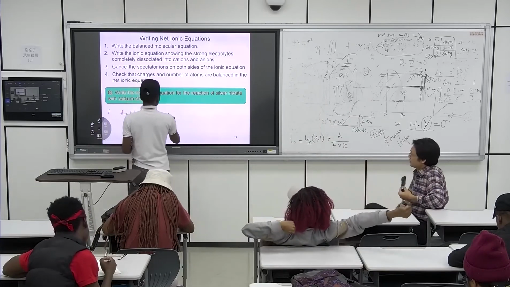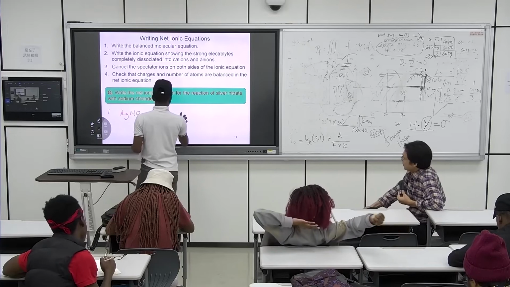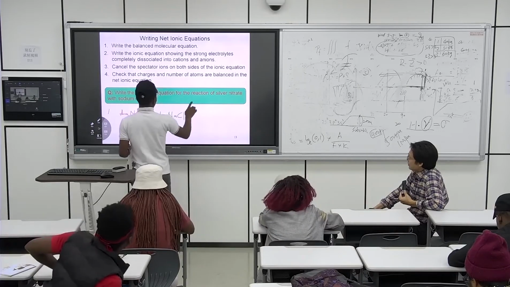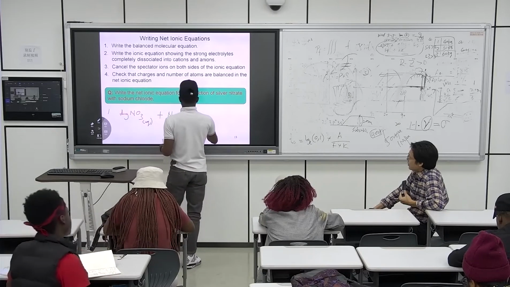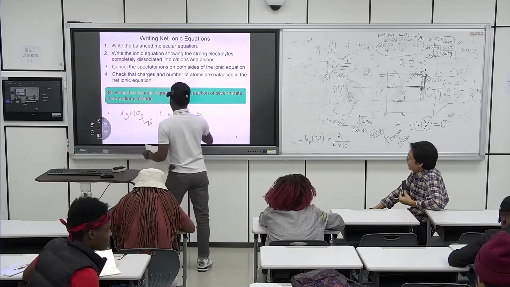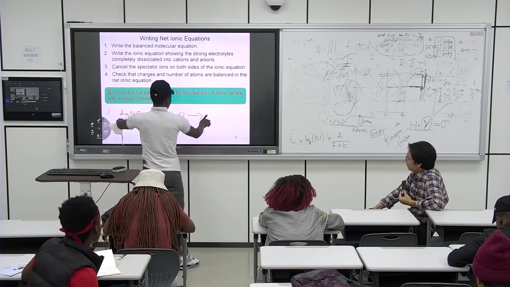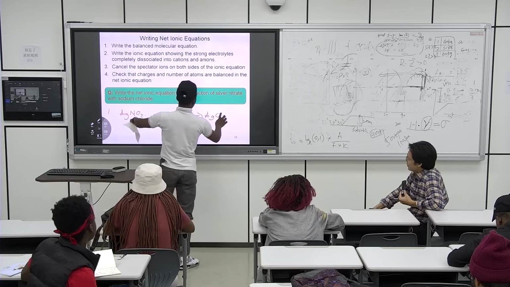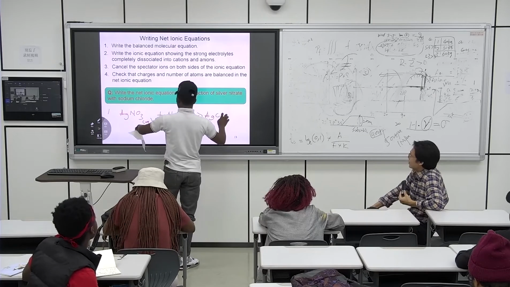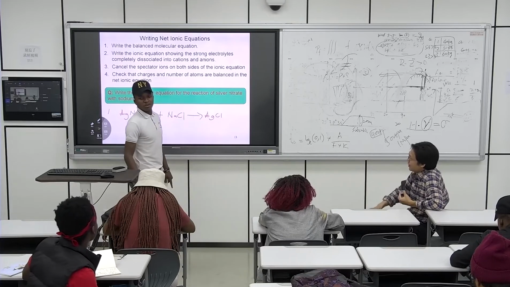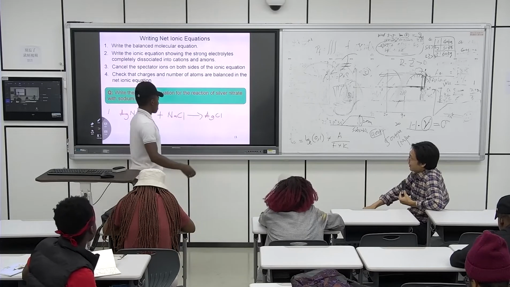Sodium chloride is aqueous. Then silver chloride, this is solid.